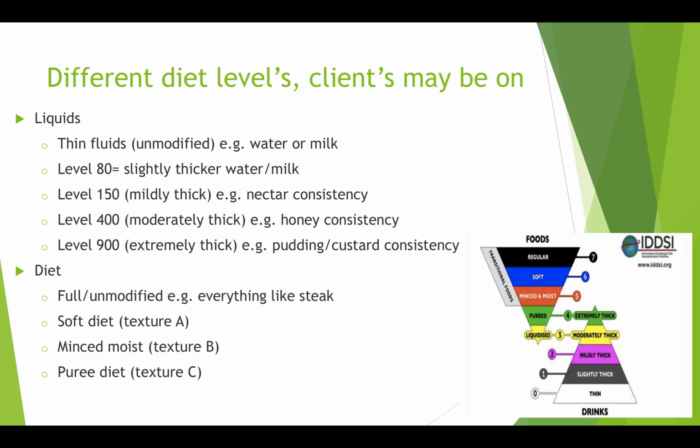Level 900, which is extremely thick and is the consistency of pudding and custard. With diet, you can have an unmodified diet, so everything like steak, a soft diet, which is texture A, minced moist, which is texture B, and a puree diet, which is texture C.